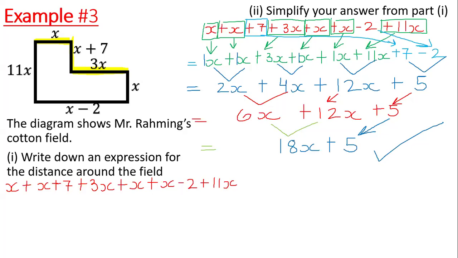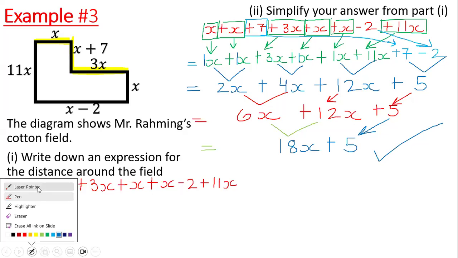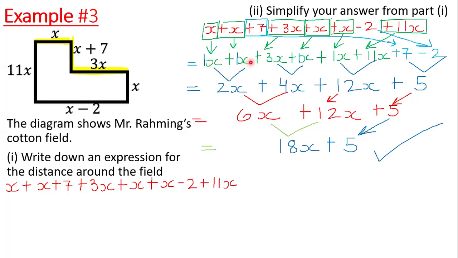No one does that in real life. So you could just look at it, and from the beginning, 1 plus 1 is 2, 2 plus 3 is 5, 5 plus 1 is 6, 6 plus 1 is 7, 7 plus 11 is 18. So that's 18x. That's how I did mine.